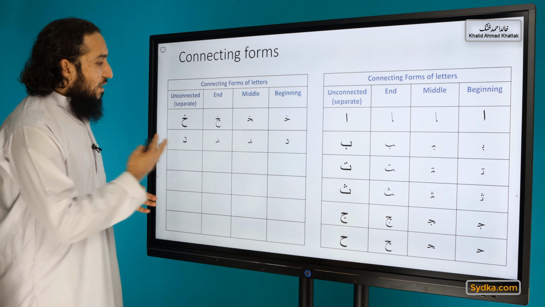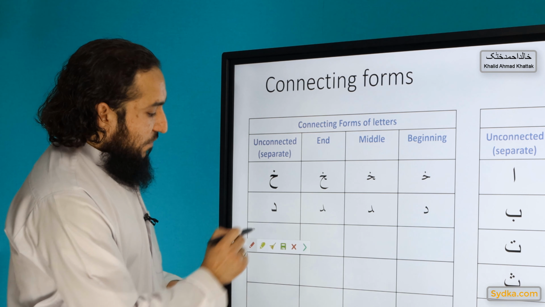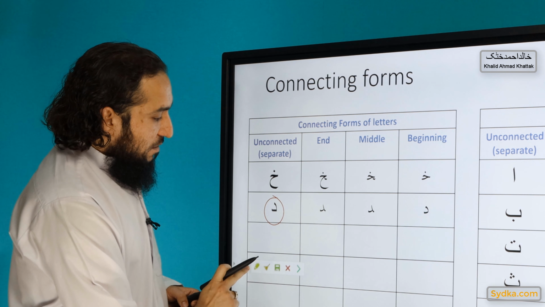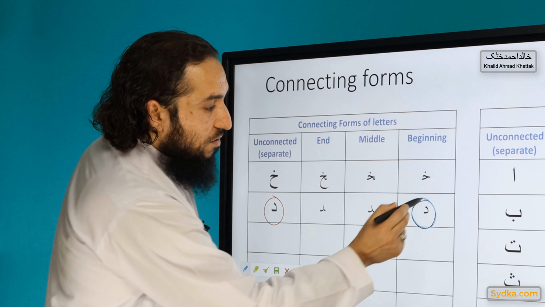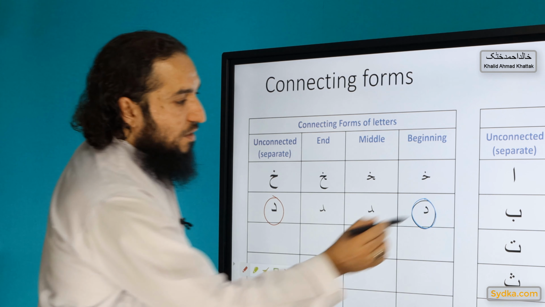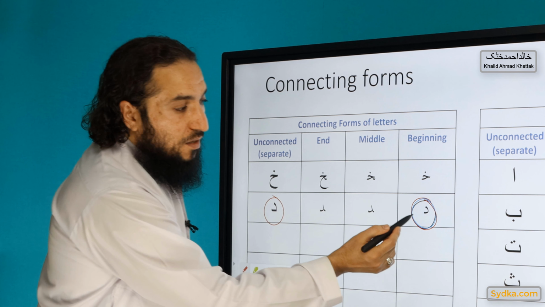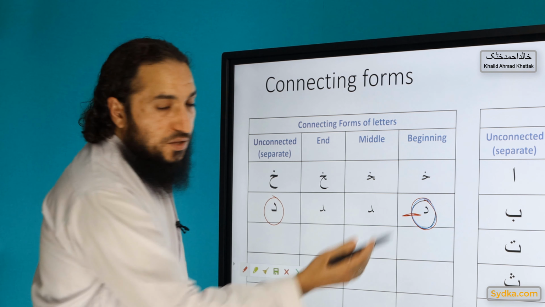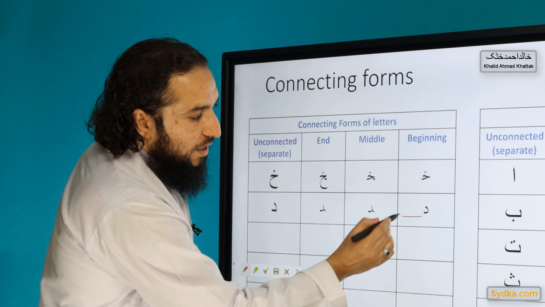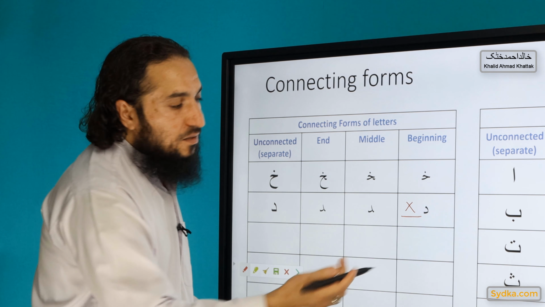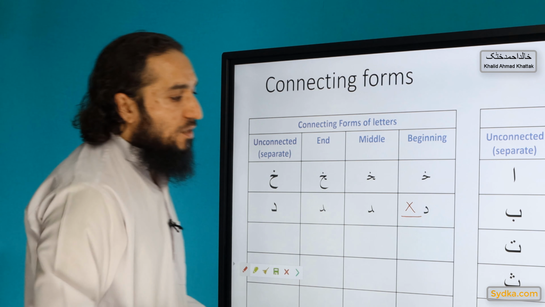Because if you see its connecting forms, that shows it. If it's written independently, it's like this. If it is written in the beginning, it's similar to as if it is written individually, because we cannot connect any other letters after it when it comes in the beginning of a word.